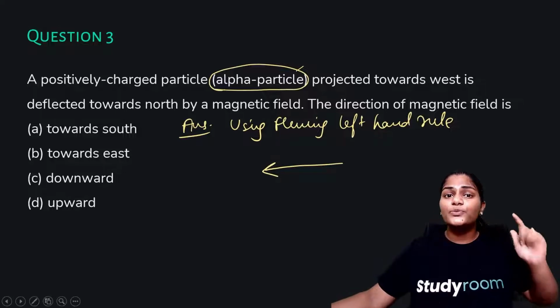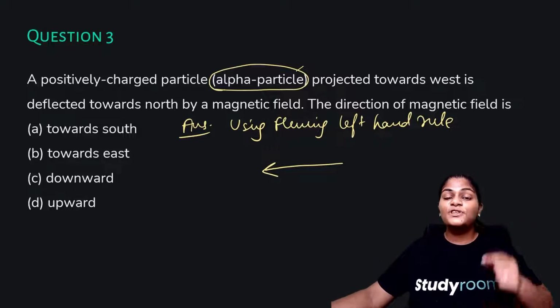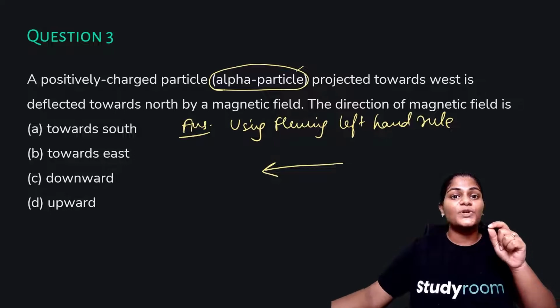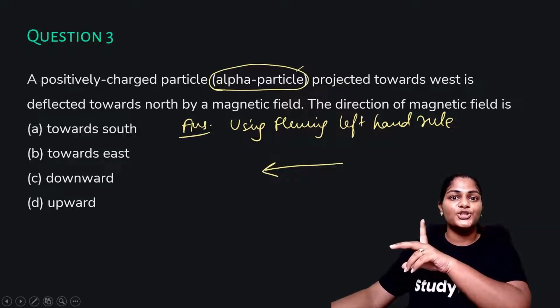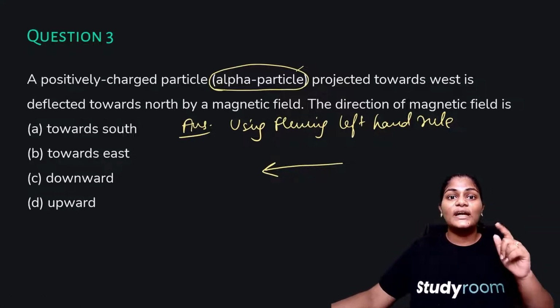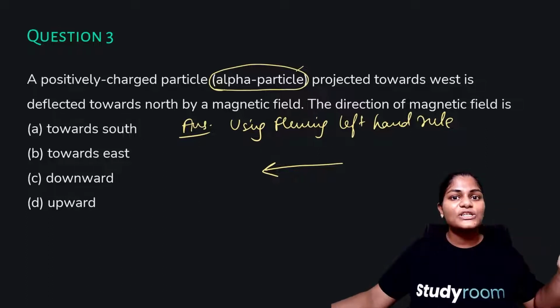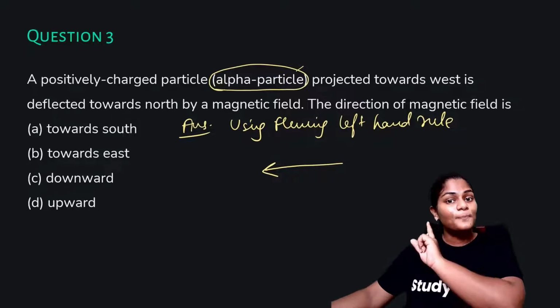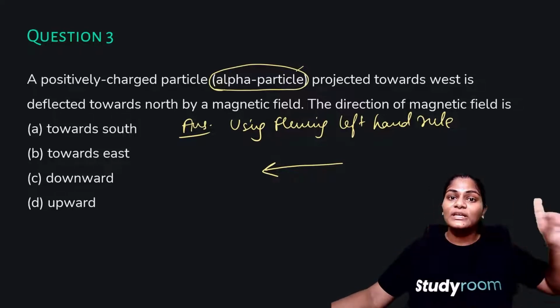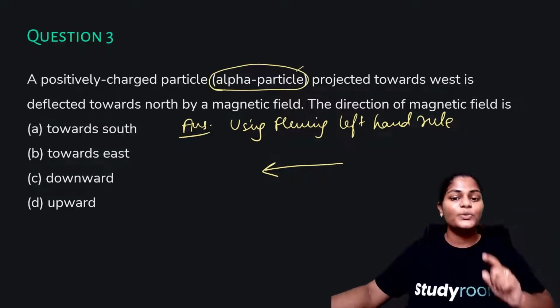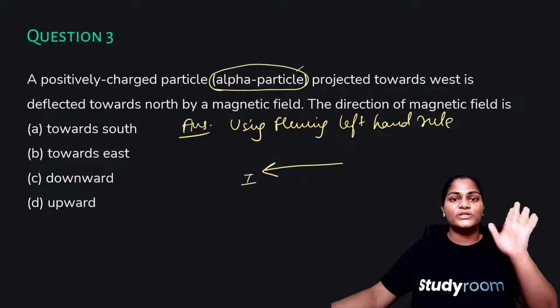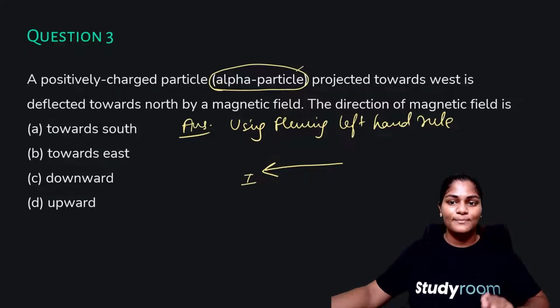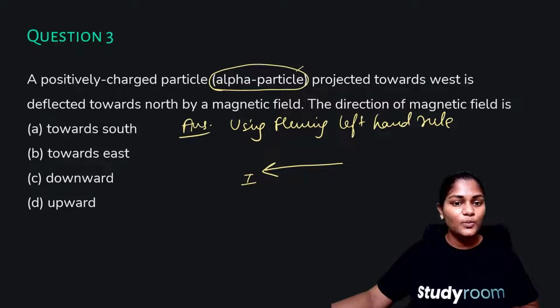Now, which direction would the current flow in? If this was an electron, the current would flow in the opposite direction to it. But we saw that the current flows in the same direction as the positively charged particles. Thus, if the alpha particle is flowing from the east to west, the current will also flow from the east to west. So the current direction would be the same. So this is flowing towards the west.